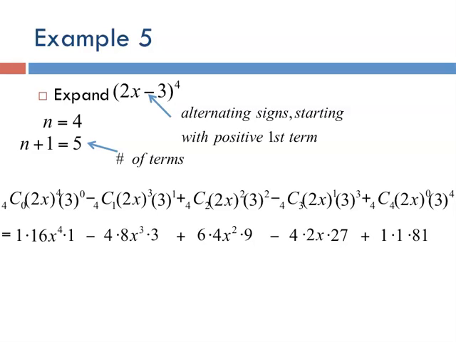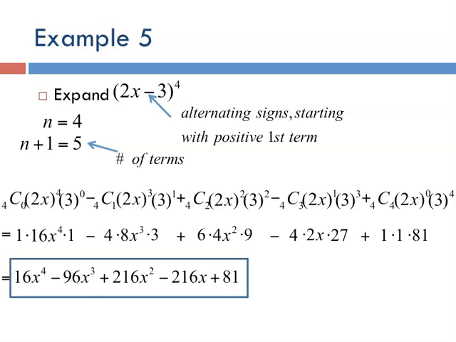So we have 16x to the fourth minus 4 times 8 times 3, that's 96, x cubed. Plus 6 times 4 times 9, that's 216, x squared. Minus 4 times 2 times 27, that's 216. Plus 1 times 1 times 81, 81. So that is 2x minus 3 to the fourth expanded.